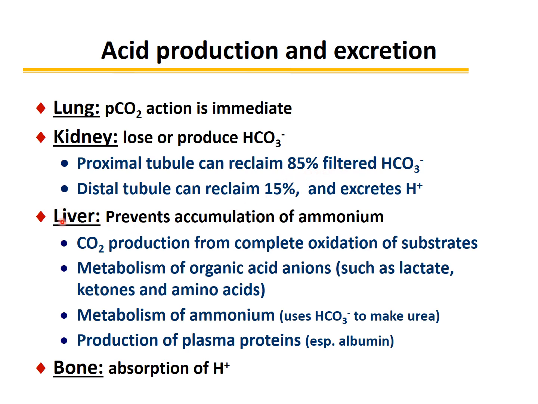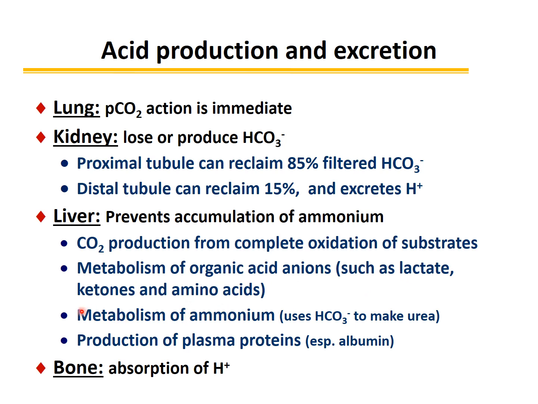The liver is another very important organ. First of all, it's going to prevent the accumulation of the ammonium. And another thing, the liver can produce, for example, CO2 as well, mostly from the complete oxidation of substances. Or it can metabolize organic acids, such as lactate, ketone bodies, or amino acids.